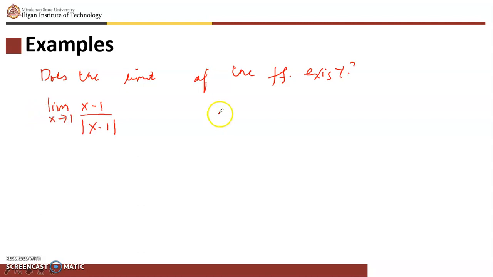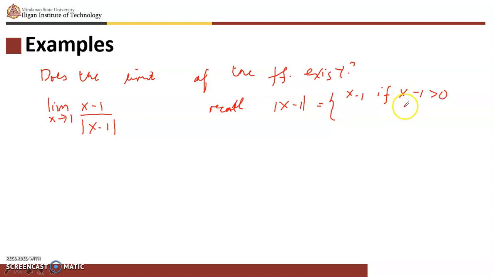At this point, you have to recall the definition of the absolute value, which is: x minus 1 is equal to x minus 1 if x minus 1 is greater than 0.